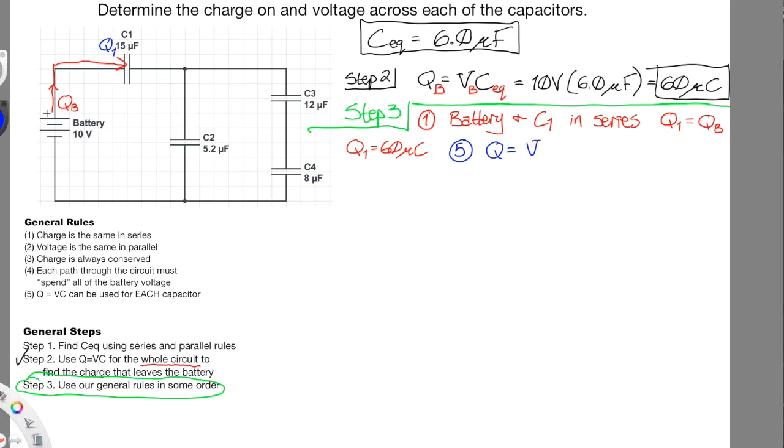So again, Q equals VC, and this time we're just talking about capacitor 1. So this is the capacitance just of capacitor 1, the voltage drop just across capacitor 1, and the charge just on capacitor 1. Well, we already found out that Q1 is 60 microcoulombs, and we already know the capacitance for capacitor 1 is 15 microfarads. So we can work through the math here to find the voltage across capacitor 1 to be 4.0 volts.